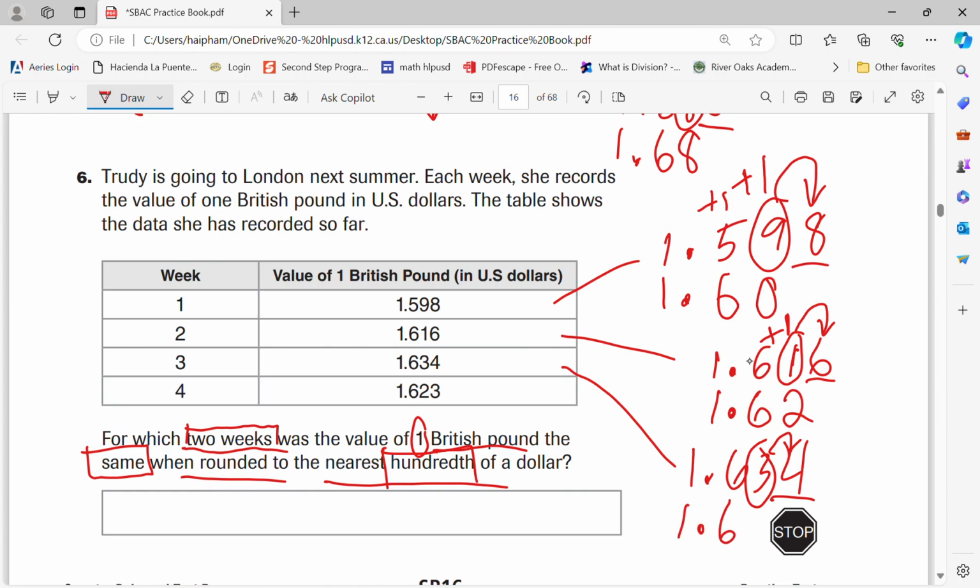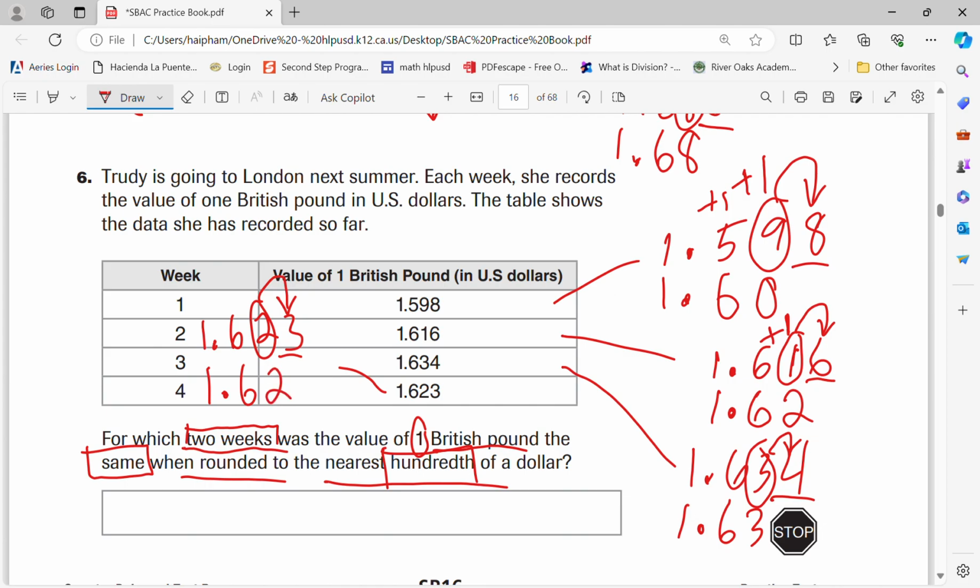This is going to rest, and we'll round to 1.63. And the last one, week 4, we have 1.623 rounded to the hundredths place. That is going to be another baby, 4 or less, let it rest. That's going to give me 1.62.